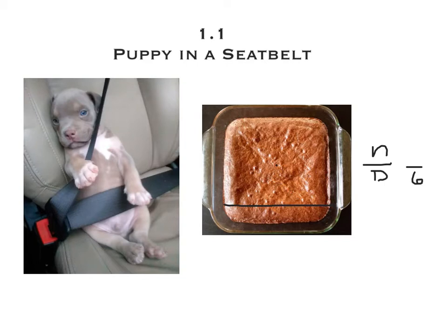So here I go. There's 1 line, 2, 3, 4, and 5. So now you can see I've got 1, 2, 3, 4, 5, 6 parts. So I have cut this into 6 parts. Now, as you see, the numerator tells us how many parts we actually have.